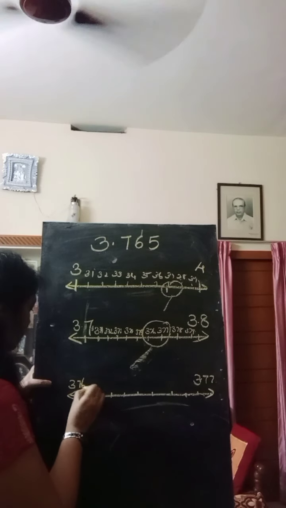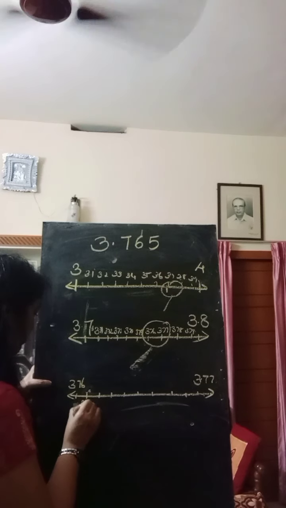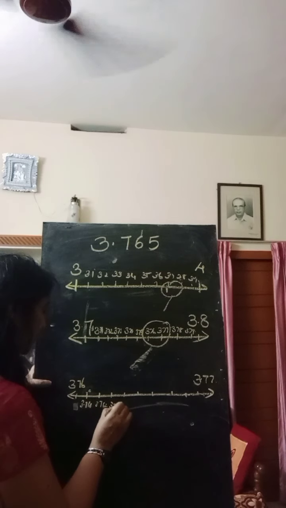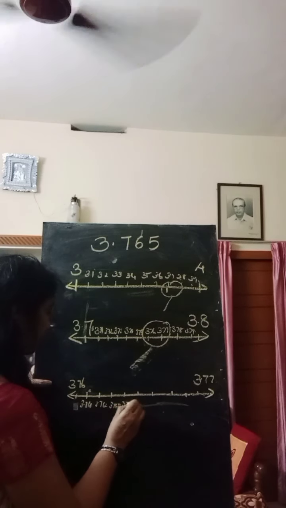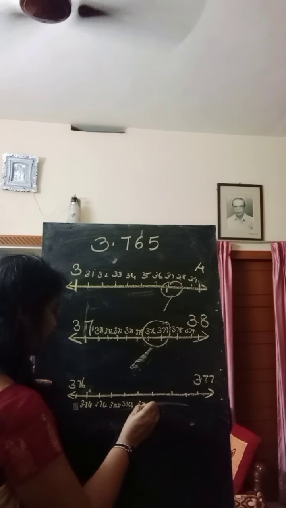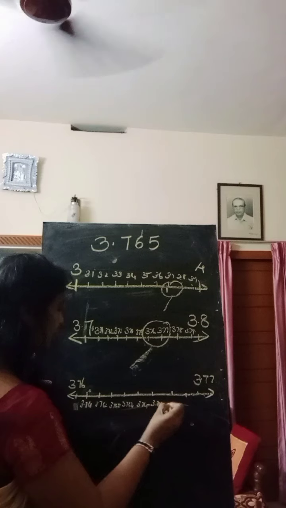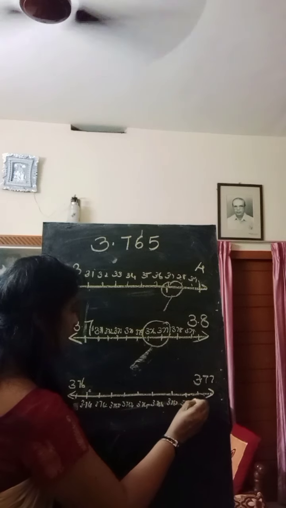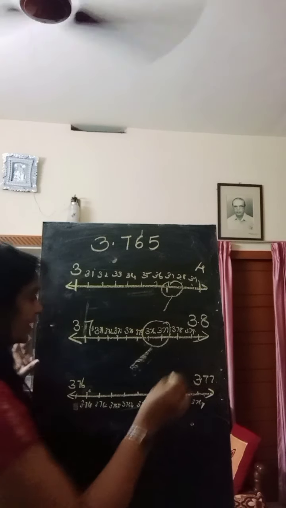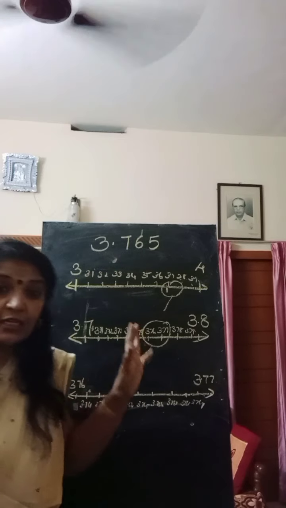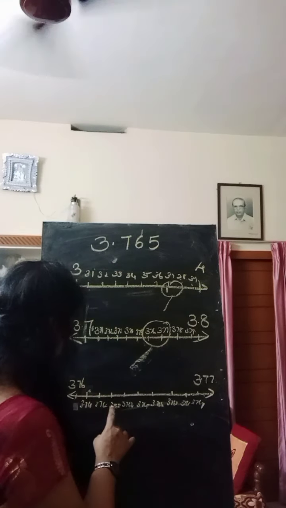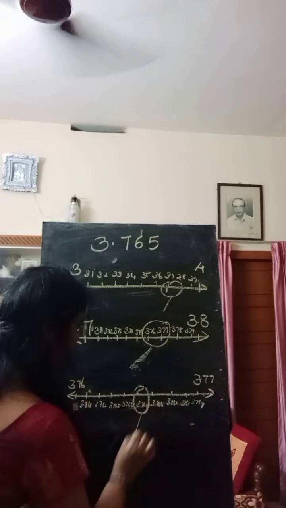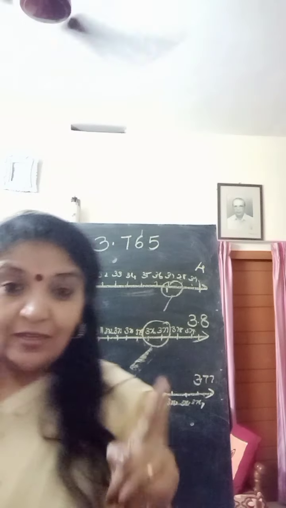Then this one is 3.761, 3.762, 3.763, 3.764, 3.765, 3.766, 3.767, 3.768, 3.769 and 3.77. Now look, where is 3.765? We catch it. We got the tiny number on the decimal.